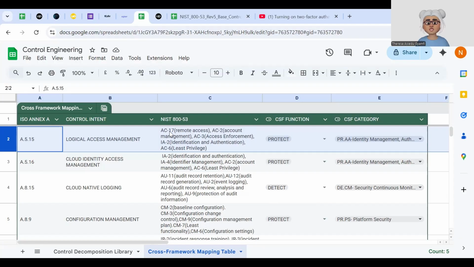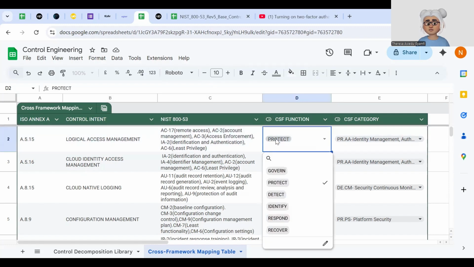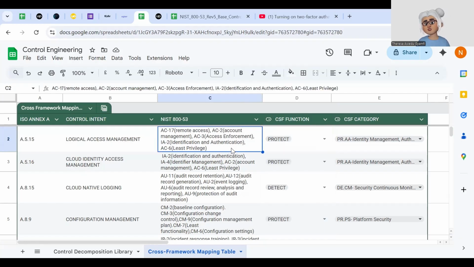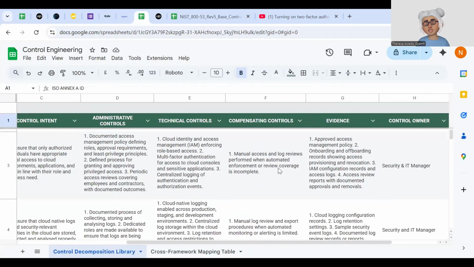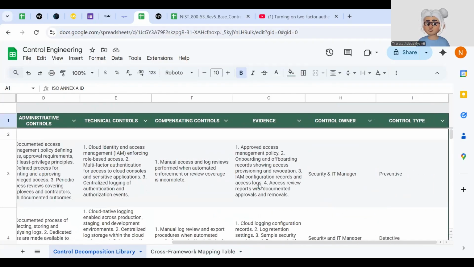So moving on to the next CSF function, we have protect. So the functions are a lot. We have protect, govern, detect, identify, respond, and recover. So like I said before, in the other tab, we said logical access here is a preventive control type.